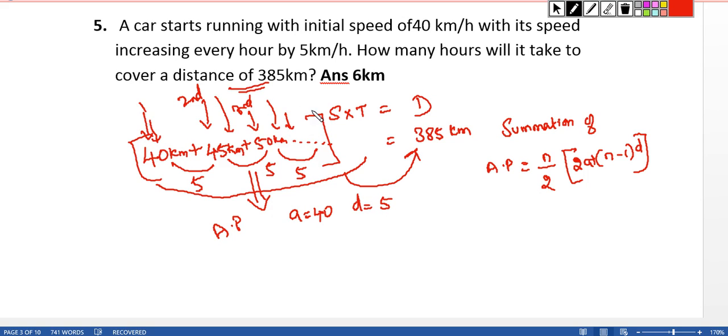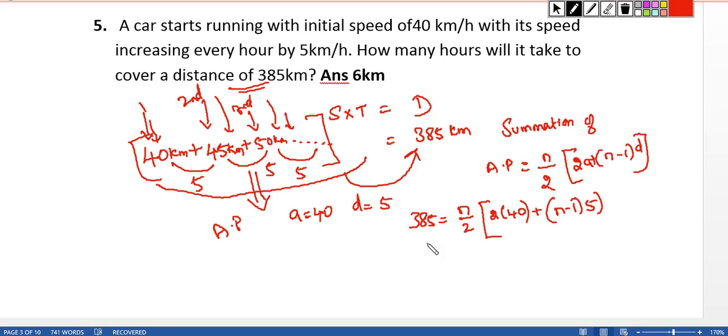How many hours do we need? That is n, which we need to find out, and the summation of all these is 385. So 385 equals n by 2 into 2 into a, which is 40, plus n minus 1 into d.